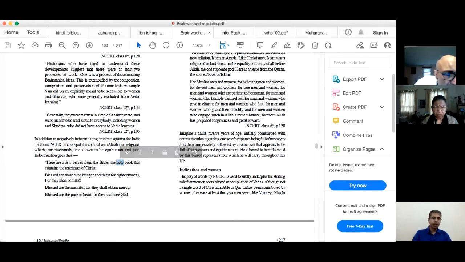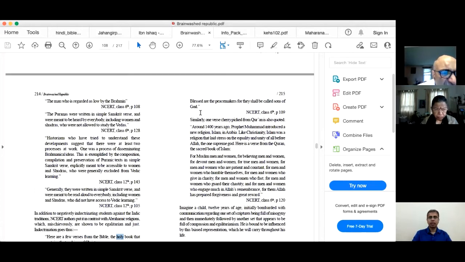Then, blessed are those who hunger and thirst for righteousness, for they shall be filled. Blessed are the merciful, for they shall obtain mercy. Blessed are the pure in heart, for they shall see God. Blessed are the peacemakers, for they shall be called sons of God.